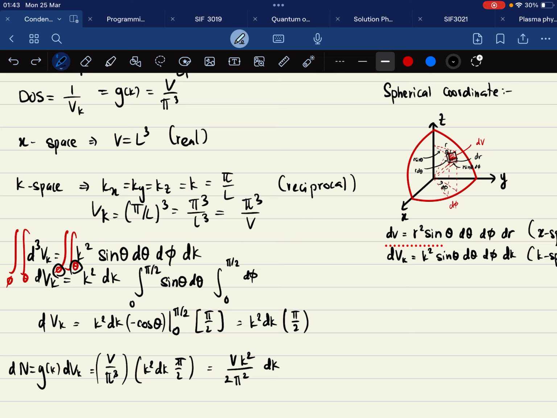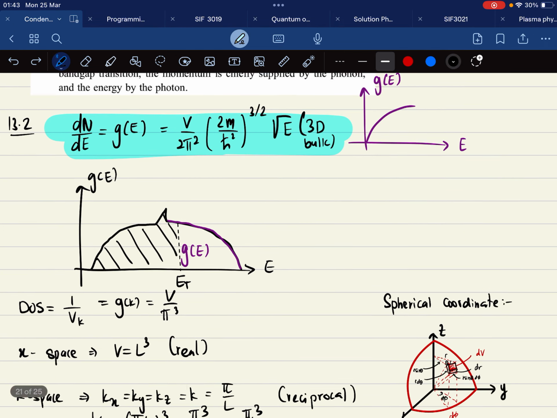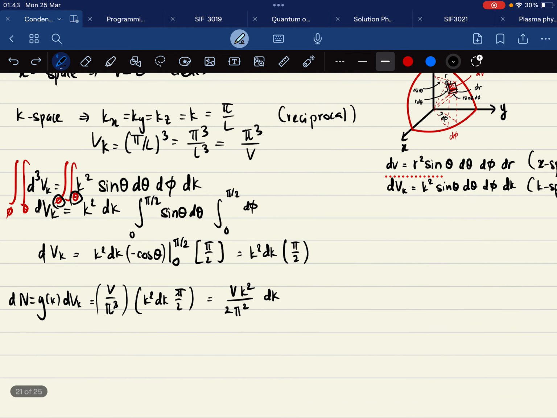Later we will substitute k in terms of energy, so that we can get the density of state in terms of energy. So we don't have to integrate that. And at the end you arrive at this expression.